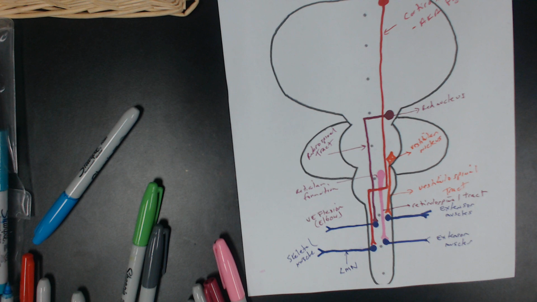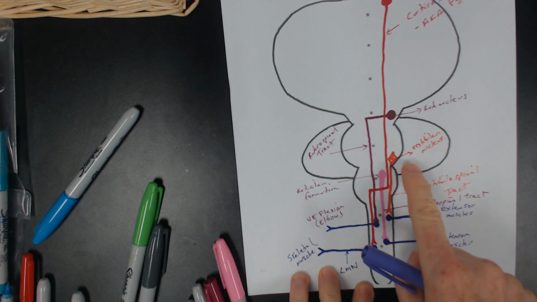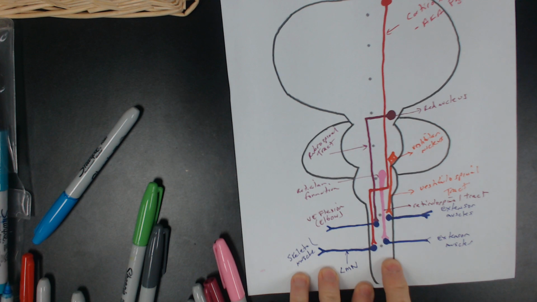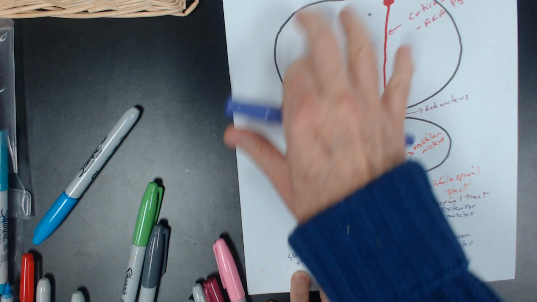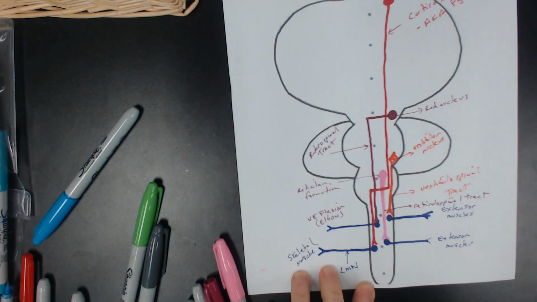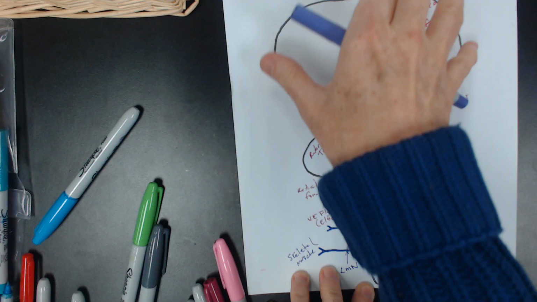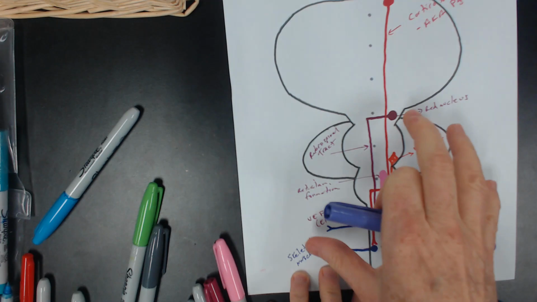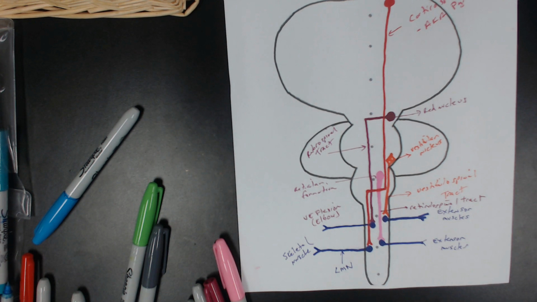However, you should be aware that the rubrospinal tract, vestibulospinal tract, and reticulospinal tract are not under conscious awareness. They're controlled cortically, but not consciously. There are things in the cortical region that dampen the effects of these. They happen automatically, but they're under control from other regions.